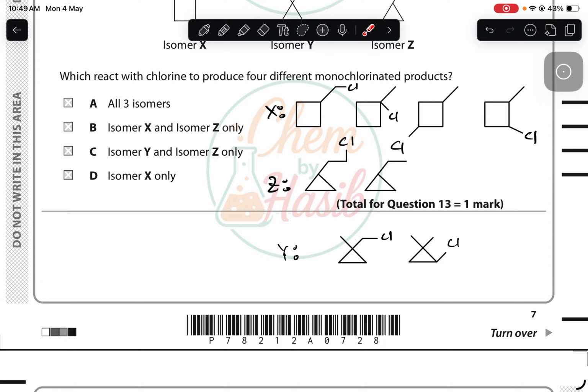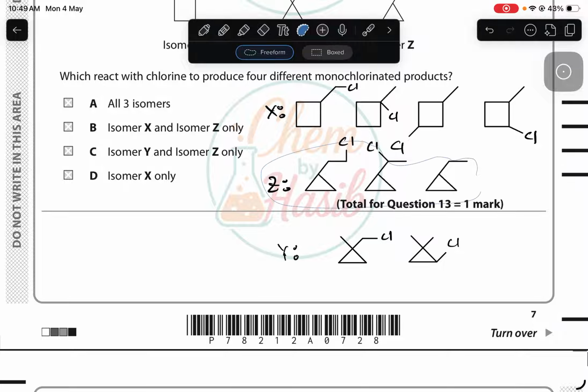So one chlorine can get substituted here. One chlorine can get substituted here.